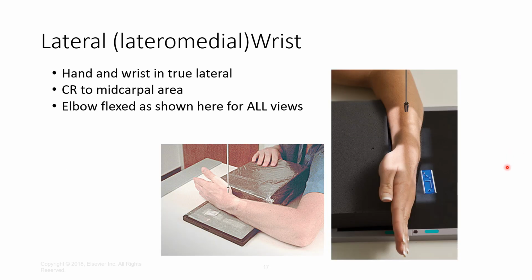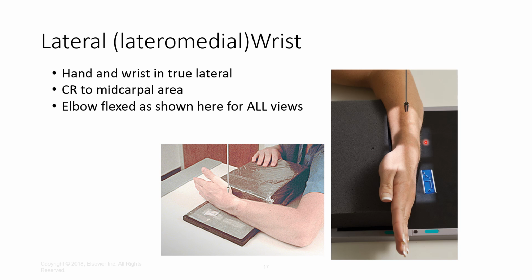The last image in a routine wrist is a lateral medial projection. So again, if you go back to anatomic position, this portion right here is lateral in anatomic position. So as far as the projection, it's going from lateral to the medial side down on the bottom.